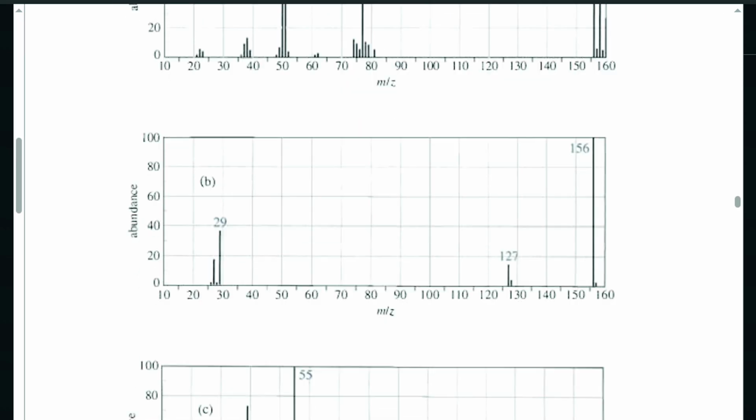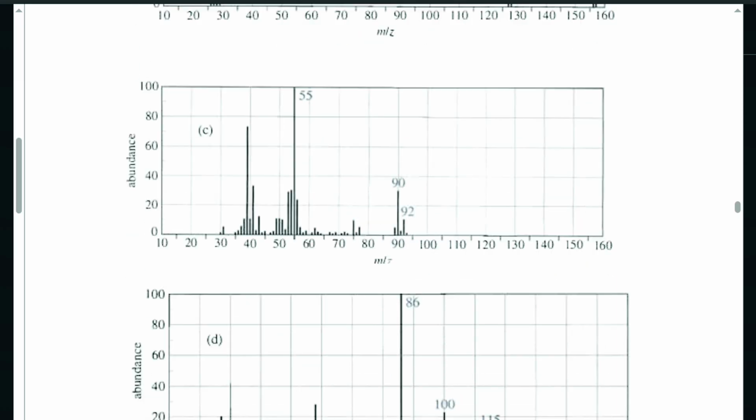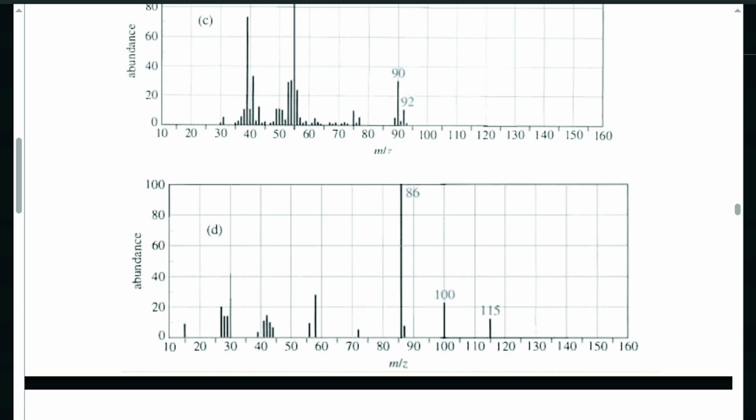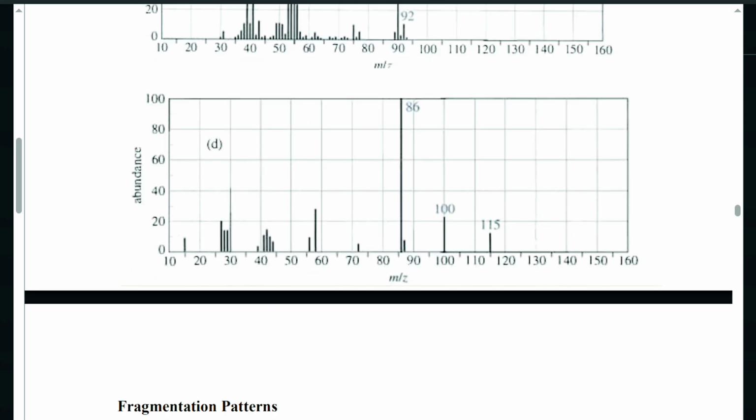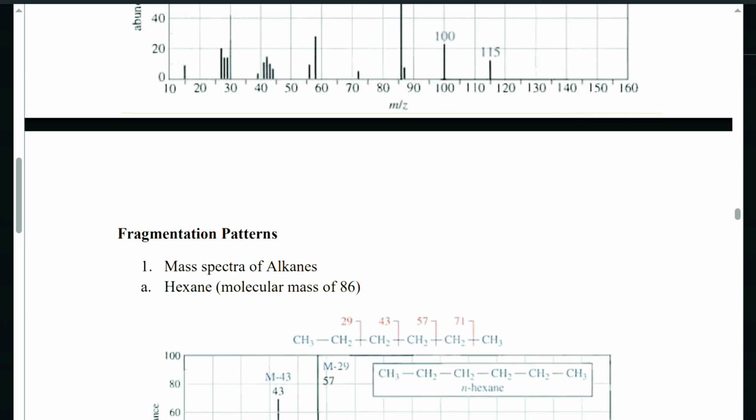So looking at this also, this 127, you can tell that there is iodine here, and there's also a large gap here, so you can tell iodine is there, right? So let's look at this also. I'll give you this to figure out, but look at this, the percentage is like 35 and this one is like 15, so the ratio is basically like 2:1, and that should tell you that chlorine is here. But I'll give you two, so I'll let you find out this last one. So just send your answer to the comment section.